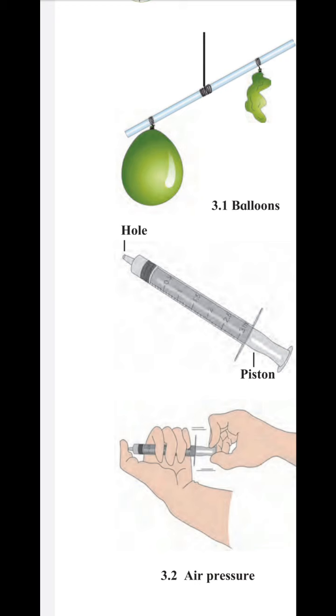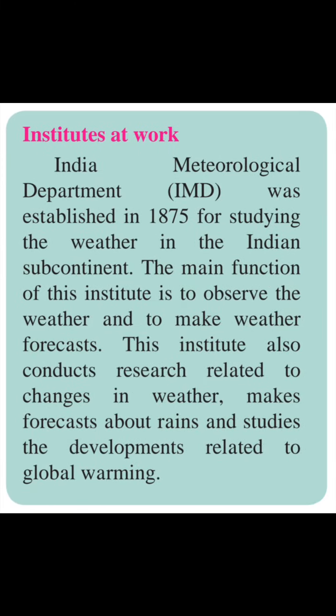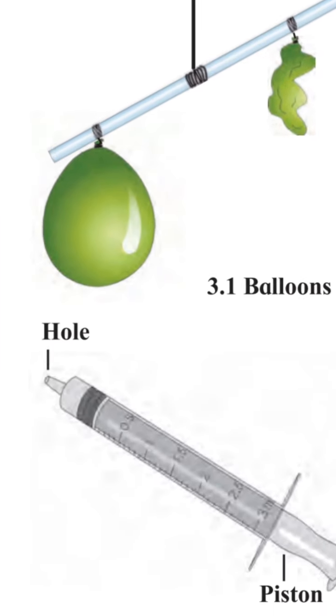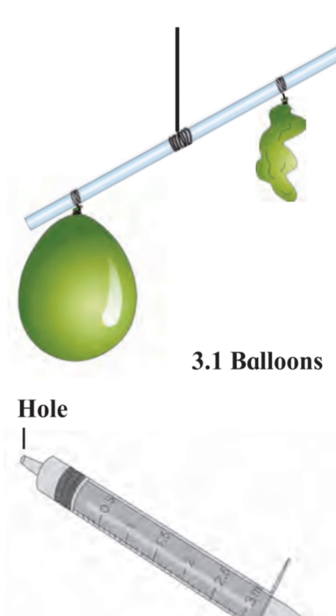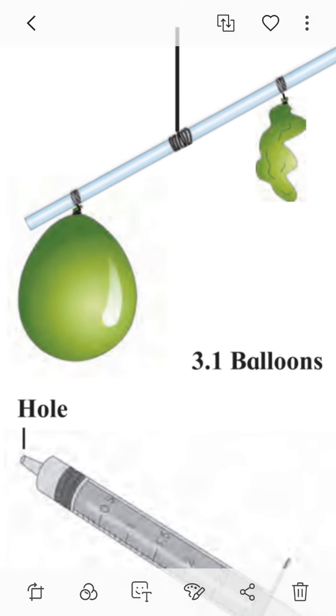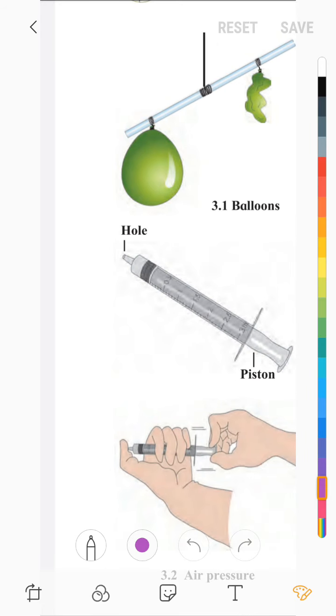So here in this experiment, first experiment 3.1 figure, we are going to study about air pressure. Okay, air has mass. You can see here in the picture a straw is taken and a thread is tied in between the straw.